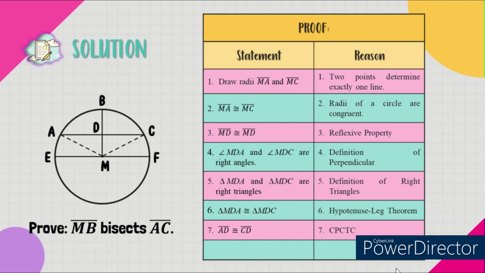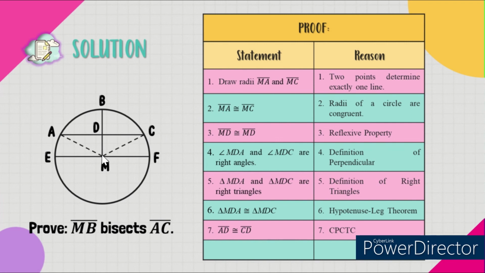Lastly, for the 3 sides, line segment MA of triangle MDA is congruent to line segment MC of triangle MDC. And it is also stated here in statement number 2.